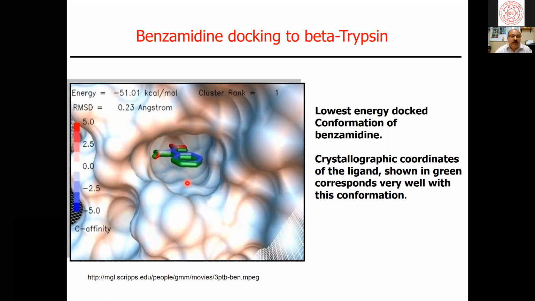This is very useful if, for example, you have a database of 1,000 molecules, and it is not possible to see how these molecules interact with the protein by experimental methods like X-ray crystallography. You cannot do a co-crystallization of each and every molecule.